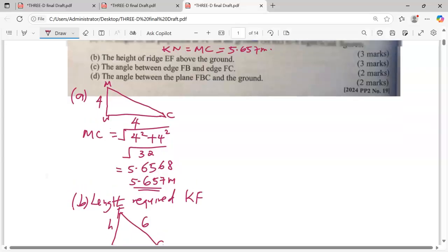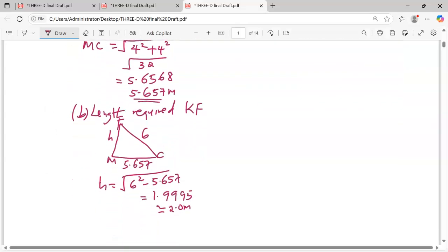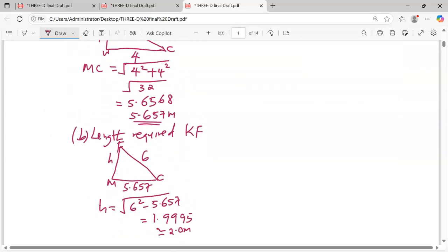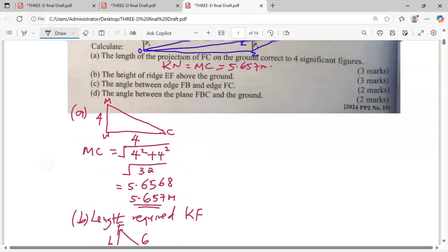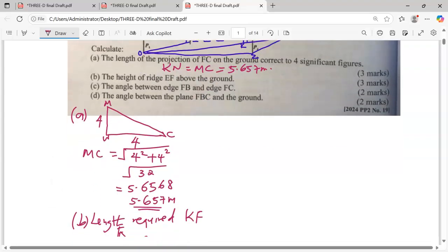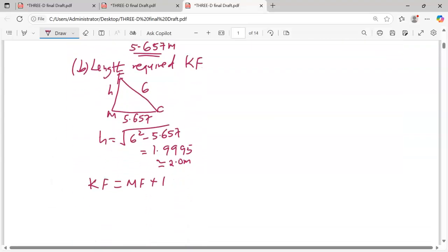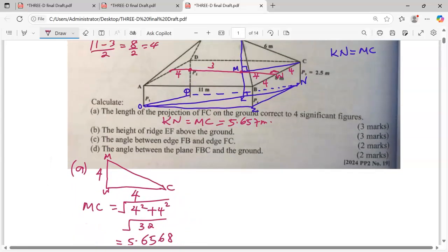That means for us to be able to get the length KF, we will have to add MF plus KM. Remember, to get KM, it's very simple because CN is 2.5.